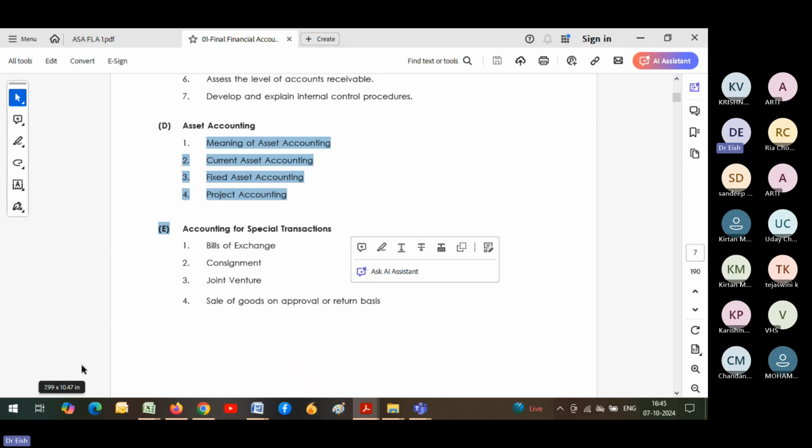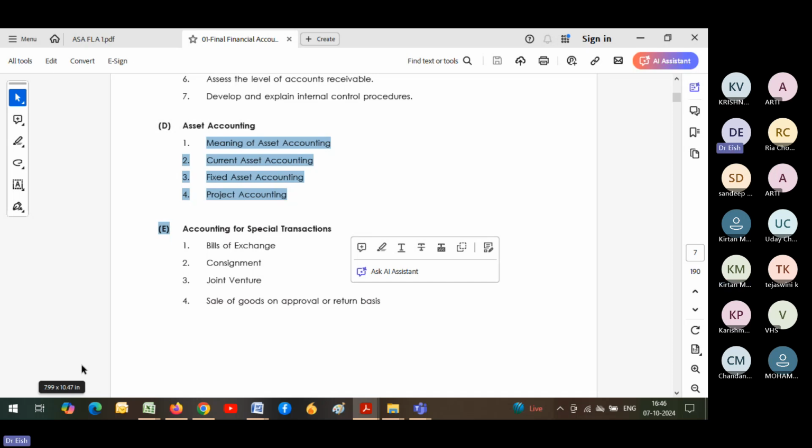Project accounting is for a specific period, and therein the project manager is there. The project has to be executed in those 5-6 years, and after that the project gets completed.